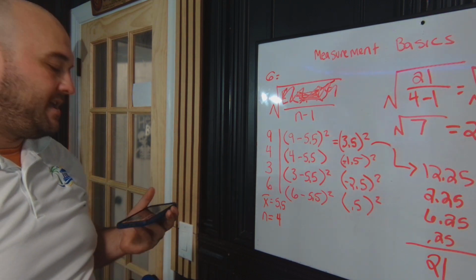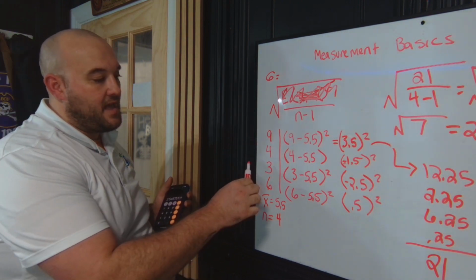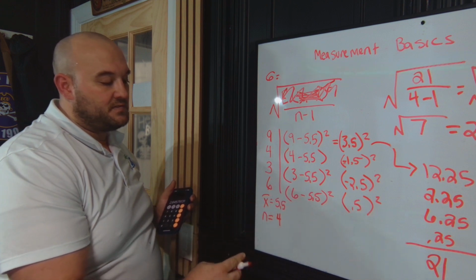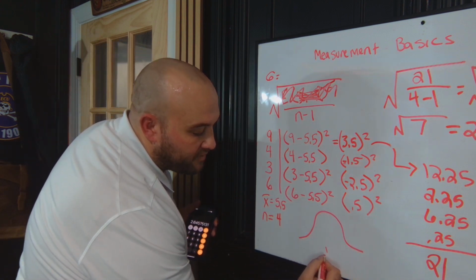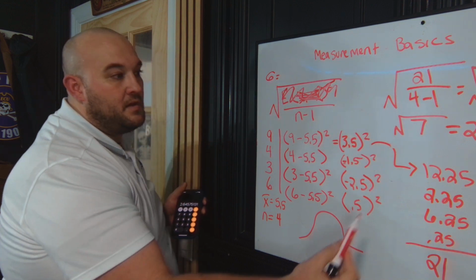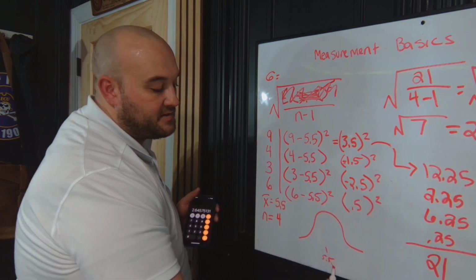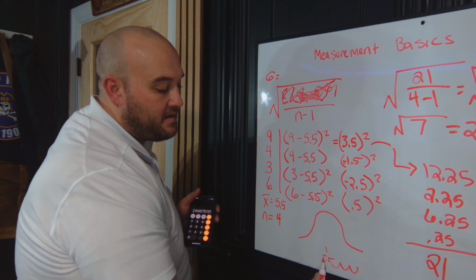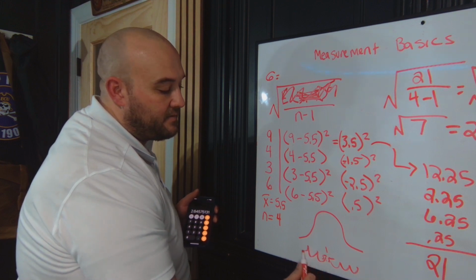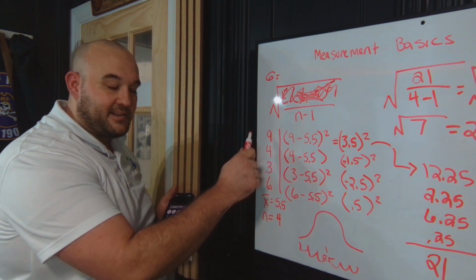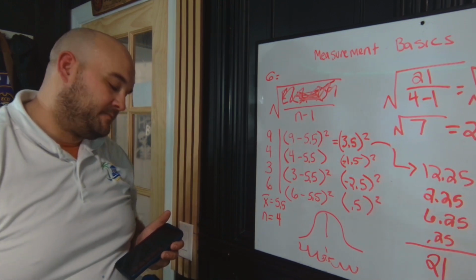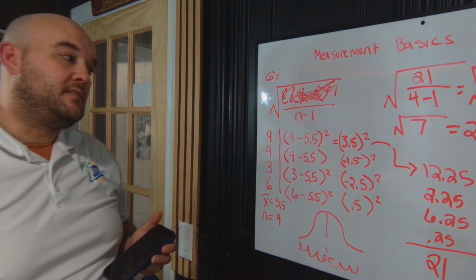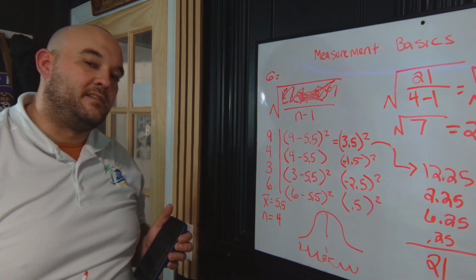What this is saying is as you line up these values, we have our little bell curve right here, 5.5. That standard deviation is the space between this data set from the average. So this is how you calculate standard deviation.